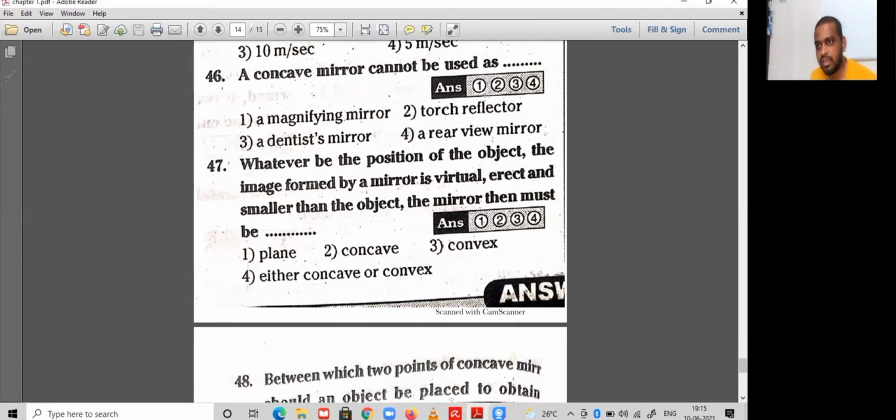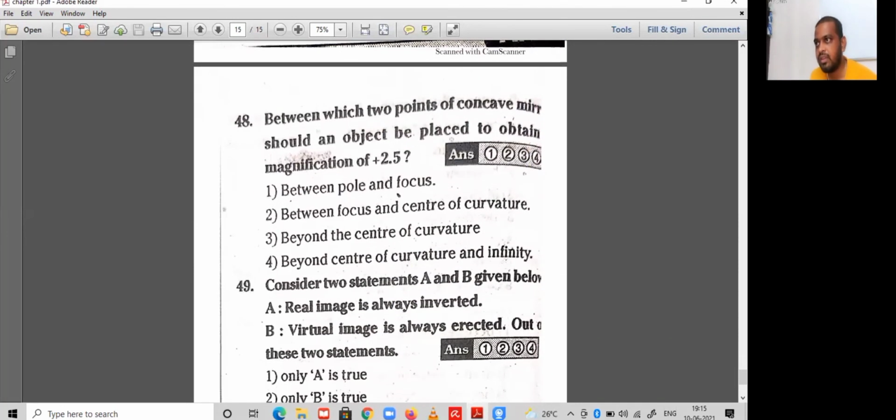Question number 48. Between which 2 points of a concave mirror should an object be placed to obtain a magnification of plus 2.5? See, look here, the magnification is plus 2.5. The plus sign is indicating it is a virtual image. A virtual image is always erect. And here the magnitude is 2.5, which is more than 1.